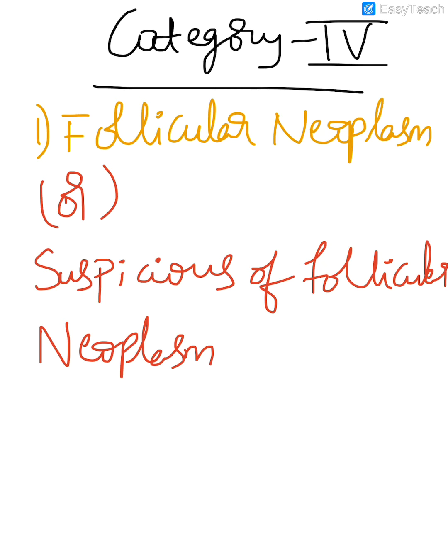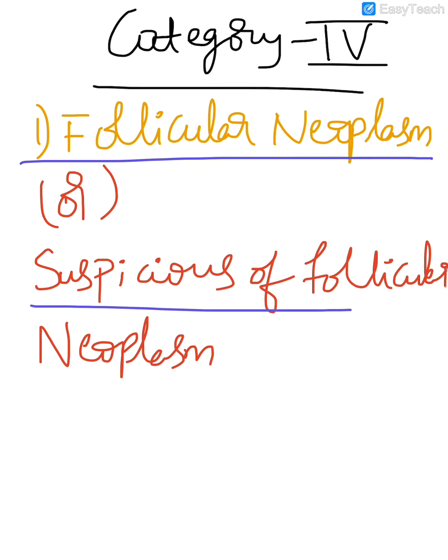Okay, follicular neoplasm or suspicious of follicular neoplasm. All right, so what are the lesions that are included under category 4 of the Bethesda system of thyroid cytopathology?